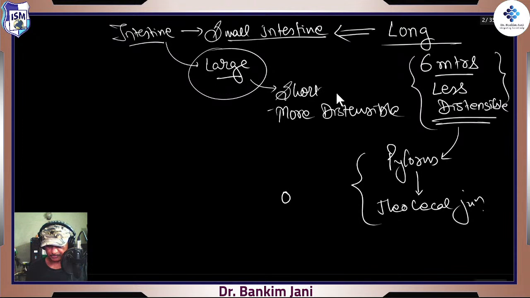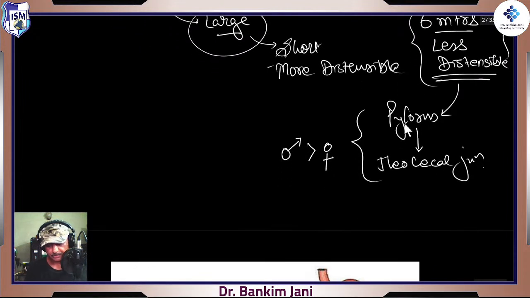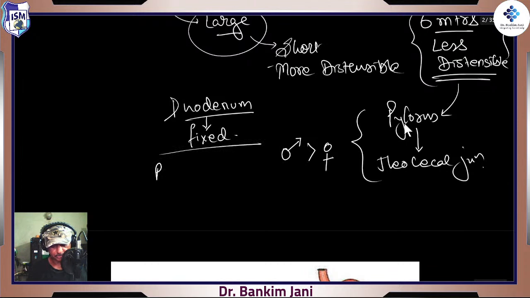Actually, in males its length is slightly more as compared to females, but from the functionality point of view, there is not much difference. An important point is that the duodenum, as we know D1, D2, D3, D4, is fixed, and the rest of the small intestine is mobile, right?